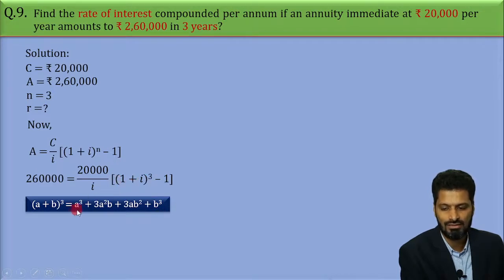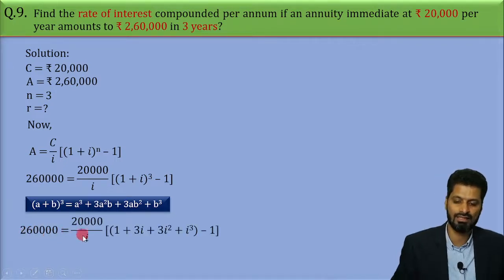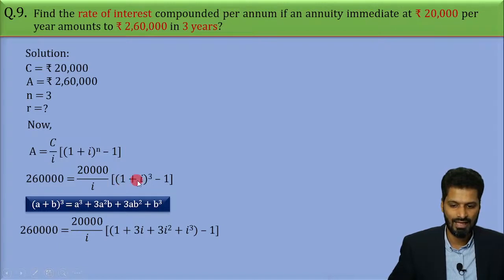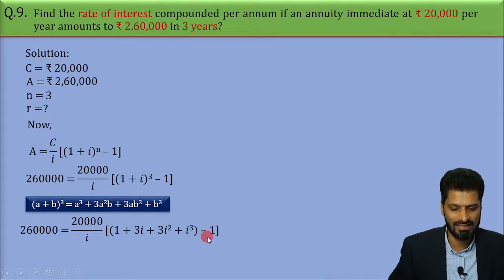Let's expand this. In the next step everything else remains the same, we only have to expand this bracket. So it will be 2,60,000 equals 20,000 upon I, and (1 plus I) the whole cube will be 1 plus 3I plus 3I square plus I cube, and this minus 1 will come as it is.